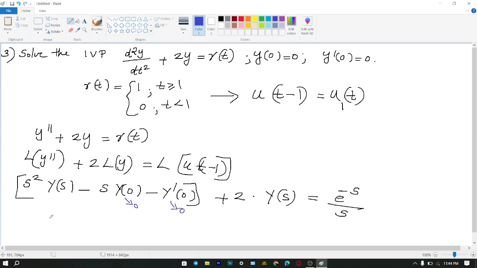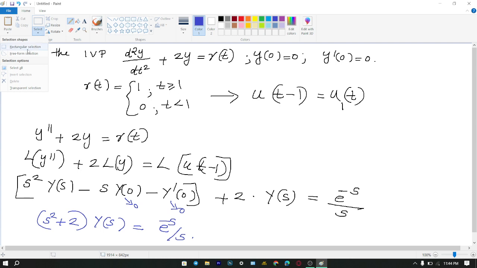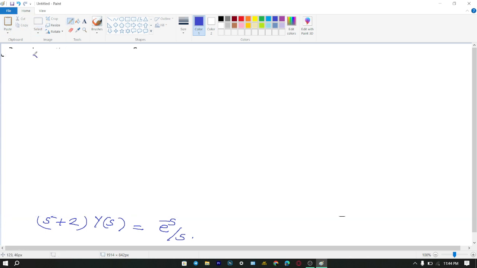So there remains s square plus 2 into y of s equal to e raised to minus s divided by s. From that we can calculate our y of s. So y of s is equal to e raised to minus s divided by s into s square plus 2.